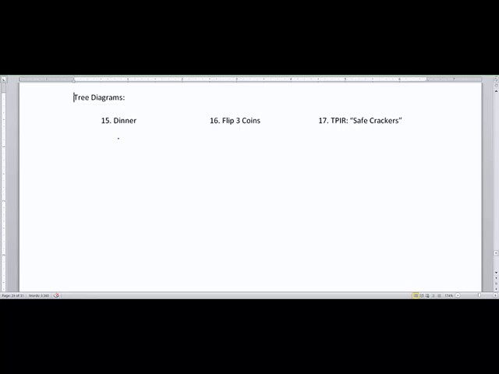Now, how you start a tree diagram is that you create a starting point, and that starting point is you making the choice. And I said that you could only have 2 appetizer choices, so that would be appetizer 1 and appetizer 2. Once you make your appetizer choice, then you get, let's just assume, 3 entrees.